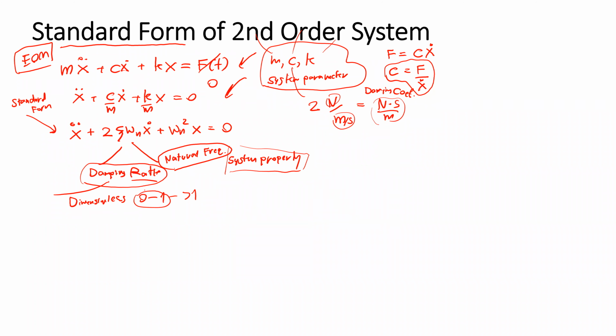When the damping ratio is between 0 and 1, the system will be underdamped. When the damping ratio is equal to 1, it's going to be critically damped. When the damping ratio is more than 1, it's going to be overdamped. Overdamped means the damping is too much.